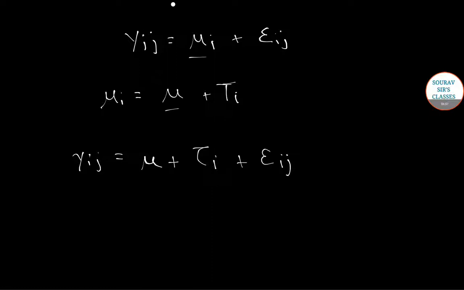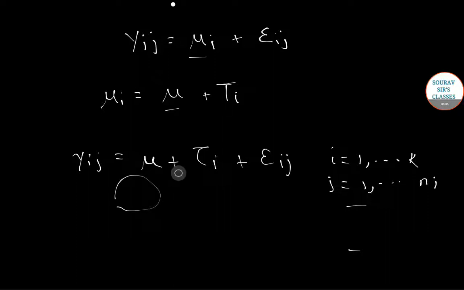This is also known as the effect model, where i runs from 1 to k and j runs from 1 to ni. This can be a fixed effect model or random effect model depending upon whether the levels are pre-considered or selected from a random population of levels.